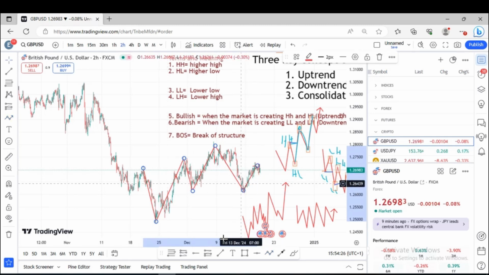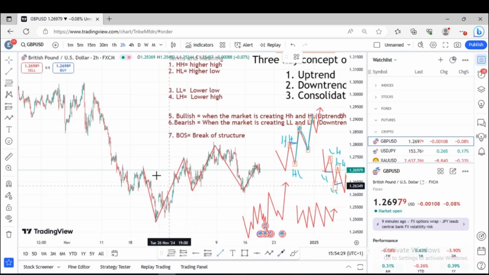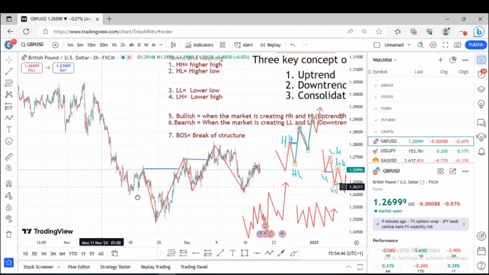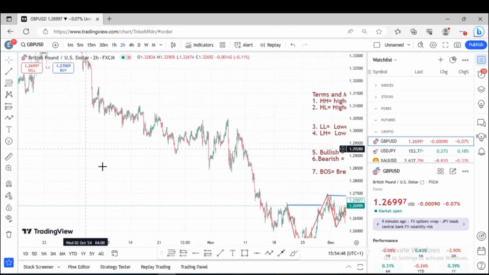So this is an example of an uptrend. The market broke structure here, it broke another structure here, and the market is still moving. So now this is a typical example of an uptrend. Now let me show you a typical example of a downtrend here.